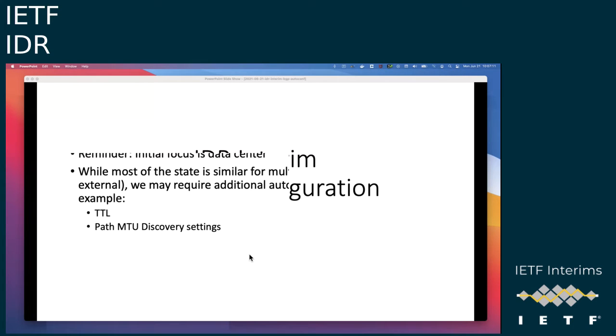While we note that most of the state is probably going to be the same for other non-data center scenarios, some scenarios such as multi-hop BGP might require additional auto-discovery state, for example TTL, MTU discovery, etc. So one of the things to have in mind as we're discussing the state and potentially extension mechanisms is how much is likely to be common plumbing from one scenario to the other, and after that, what level of extensibility we might need, both in terms of additional state and maybe changes in security scenarios as well.